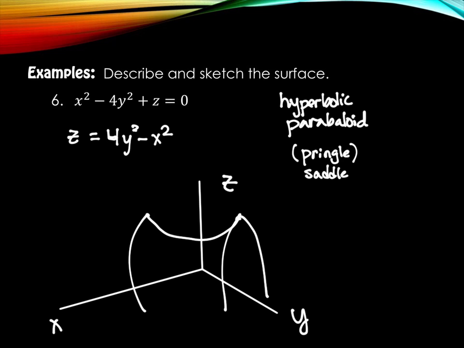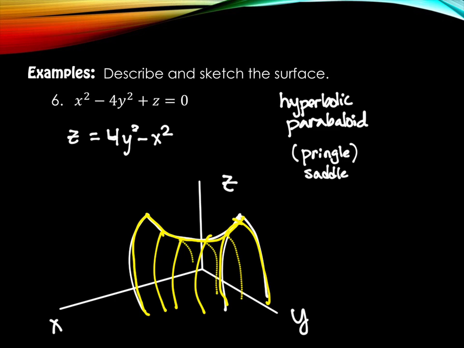The way that I get mine to look three-dimensional is I make curves that look a lot like what I'm already working with. So here are my original curves, and I make more curves that look like this on the front side. And then on the back side, if I do it dotted and mimic the backside curves, that might have made it worse. I don't have any backside curves in my picture. Yep, I don't like it at all. Let's go with that. You can picture the saddle or the Pringle.